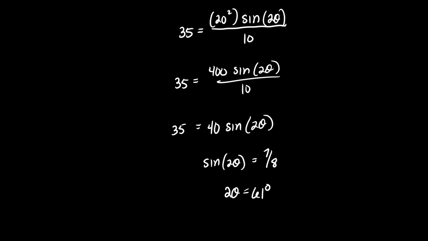Now, that's not the answer. The quarterback should actually throw the ball at 61 divided by 2, which is 30.5 degrees. Okay, so we're all good. We're all at the same point I'm at, right?